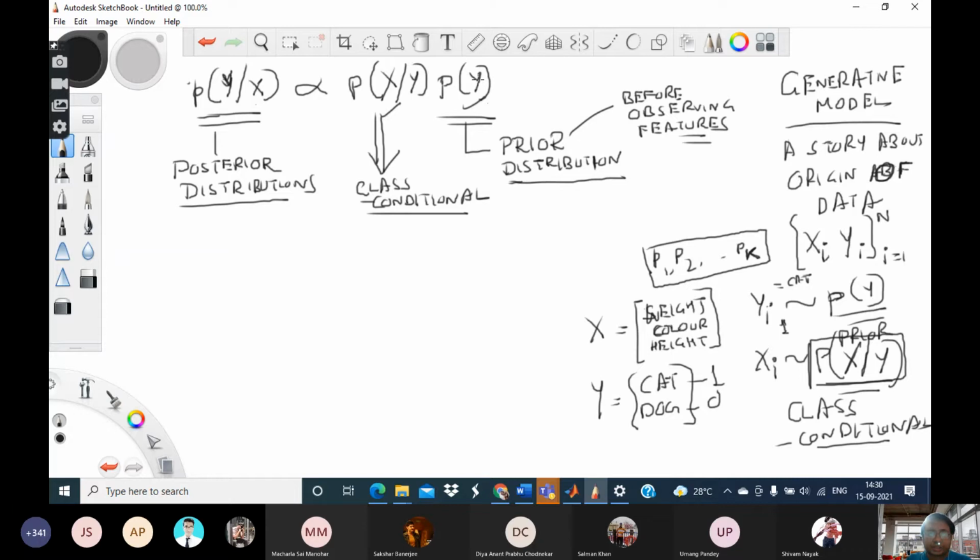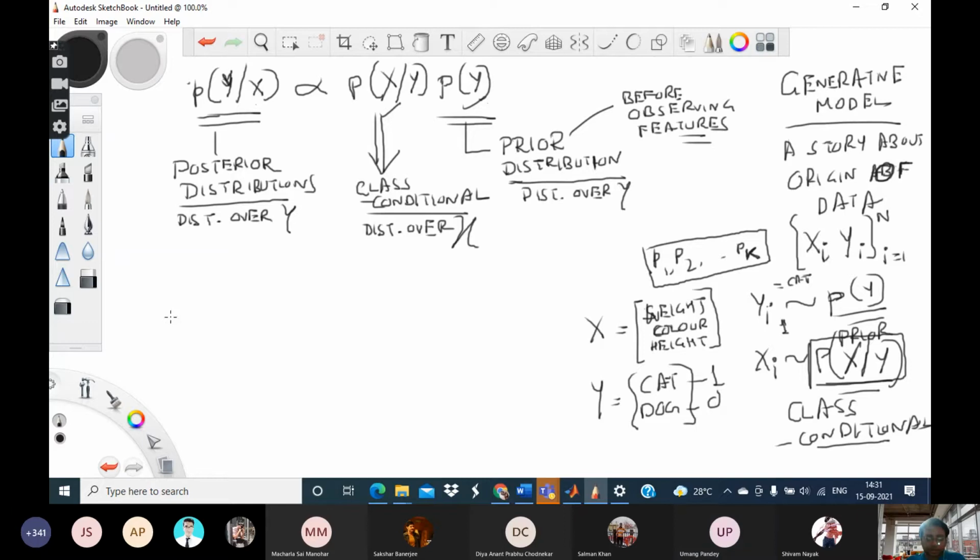So these two are similar; this is different. This is a distribution over the feature space x. This is a distribution over label space y. This is also a distribution over the label space y.